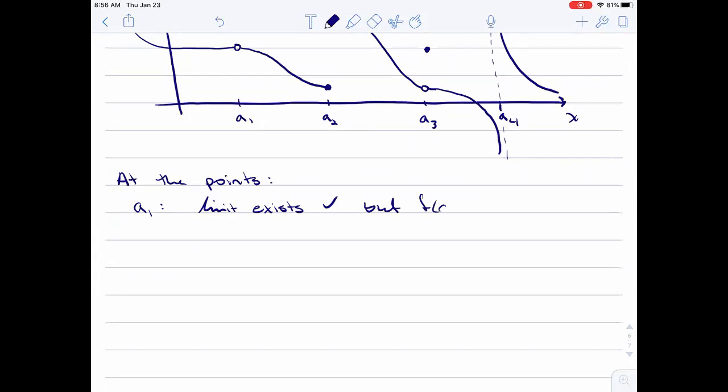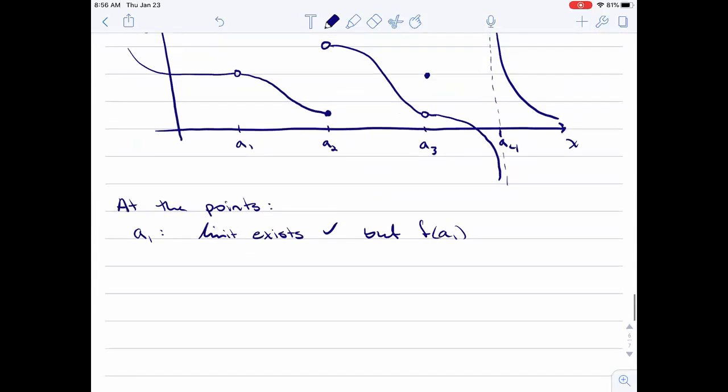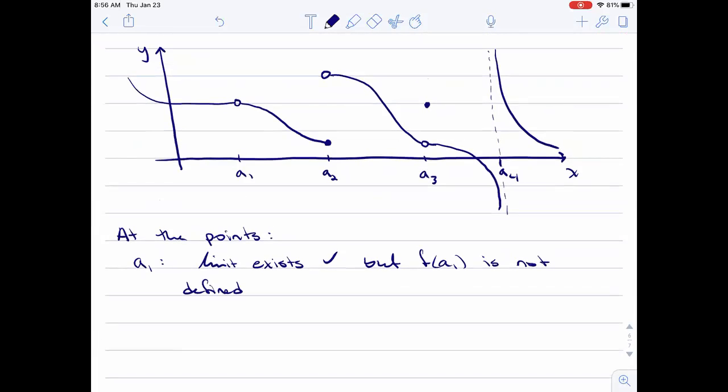But f at A1 is not defined. Right. We call this a removable discontinuity.